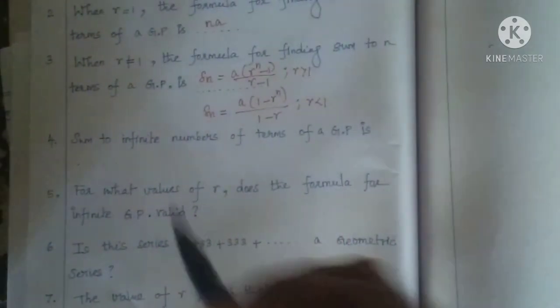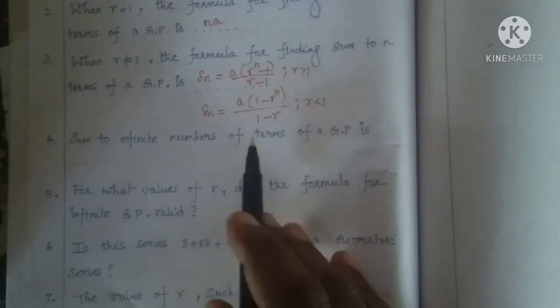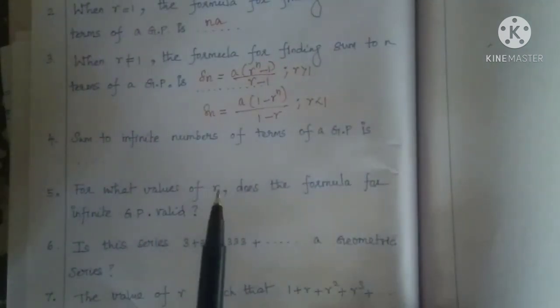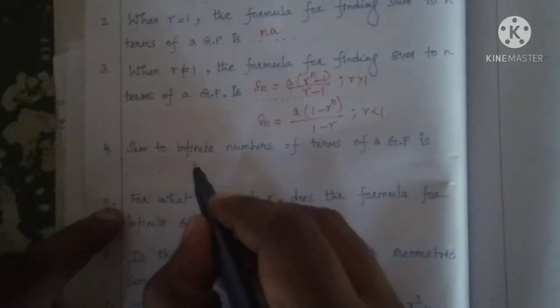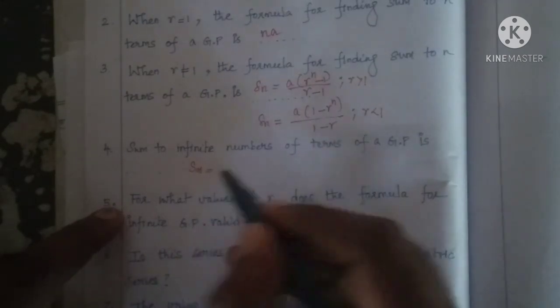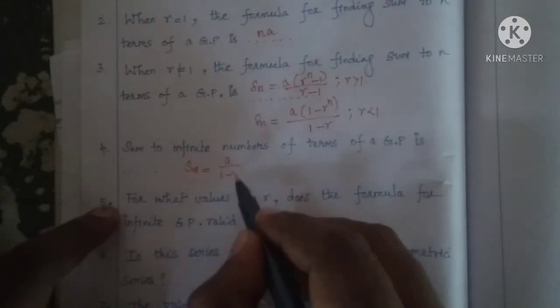The next question. Sum to infinite number of terms of a geometric progression. You know very well the formula is S infinity equal to a divided by (1 minus r).